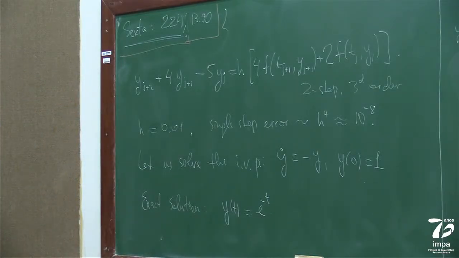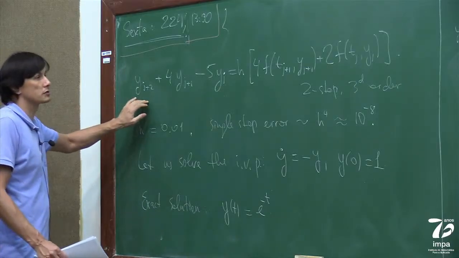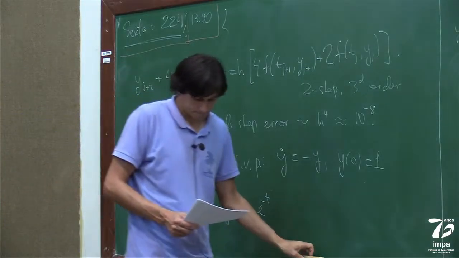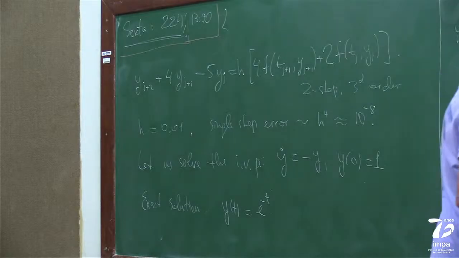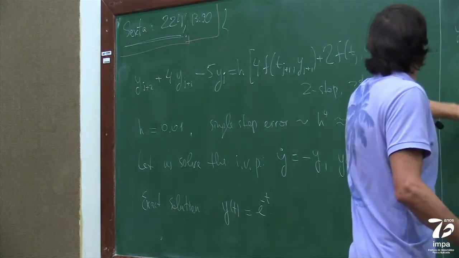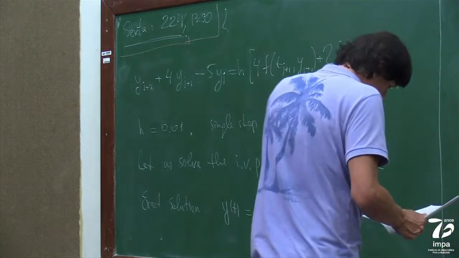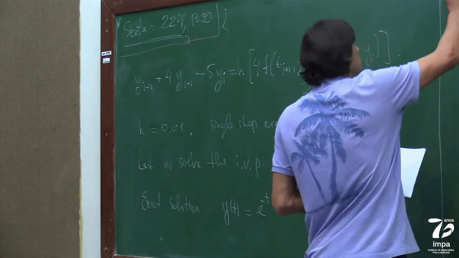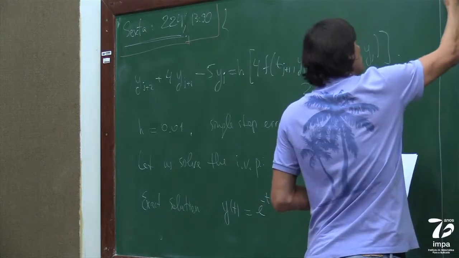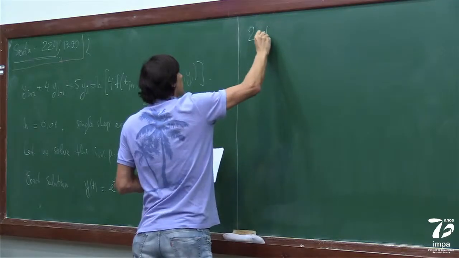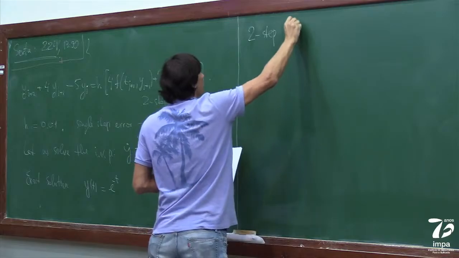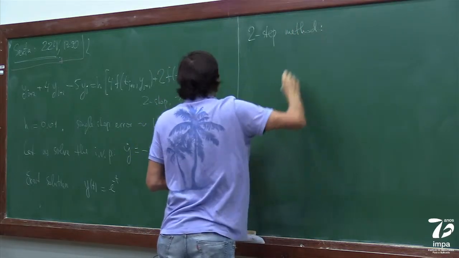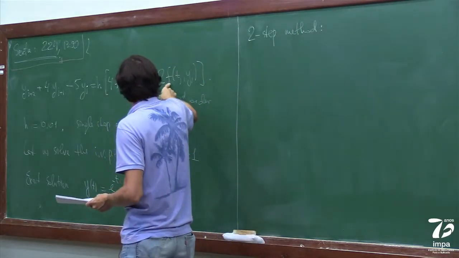So now let's find it numerically by hand. We apply this scheme, the two-step method. Instead of the function, you put minus y.